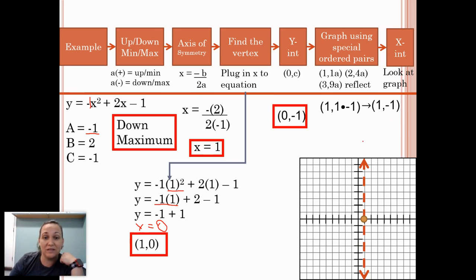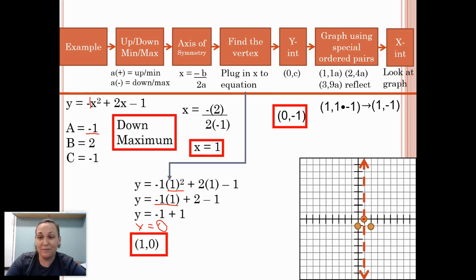I put a couple things on the graph already. I put my axis of symmetry at x equals 1, that's my vertical line, and my vertex at (1, 0), this dot right here. Now I'm going to use my first special ordered pair. It says start on the vertex and go over 1 and down 1 since it's negative, and don't forget to also go to the left and down 1.